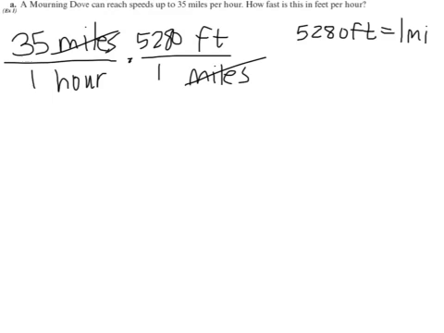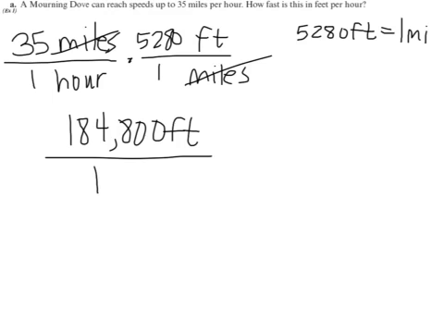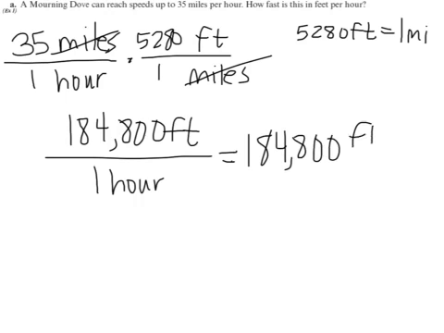Miles cancel, and we are now left with multiplying straight across the top, which 35 times 5,280 is 184,800 feet over 1 hour, which might be easier to just write as 184,800 feet per hour.